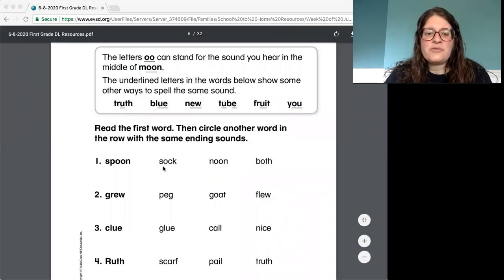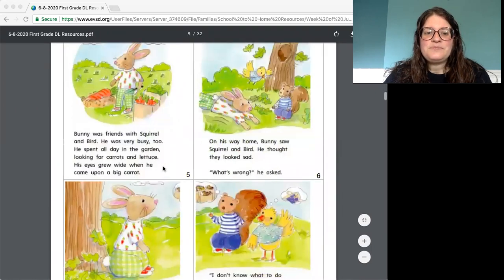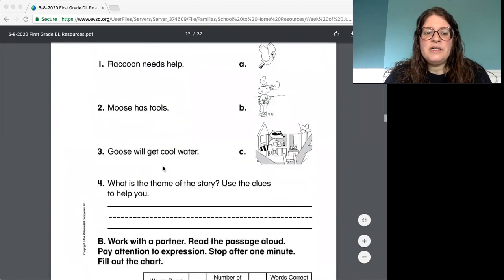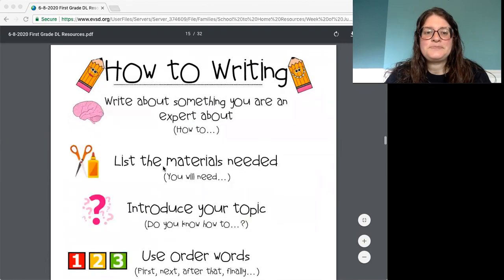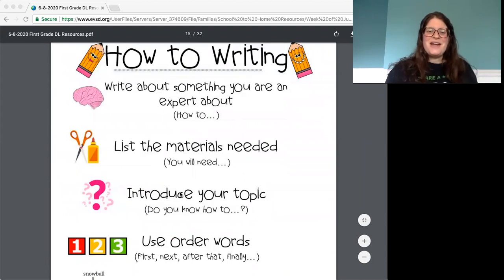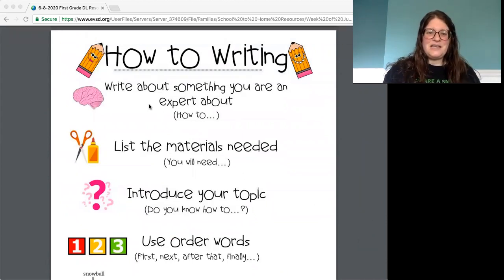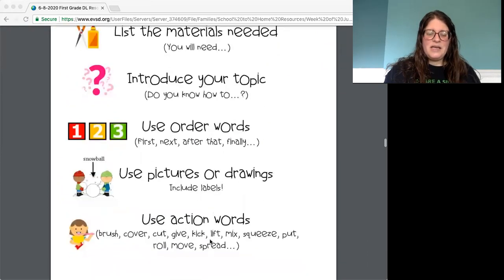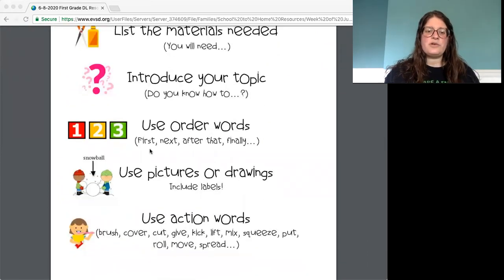Okay, next we're going to move on to our how-to writing. So last week we started talking about how to write a how-to paper, and you can follow these steps about choosing something you're an expert about, listing your materials, introducing your topic, using order words like first, next, after, finally.